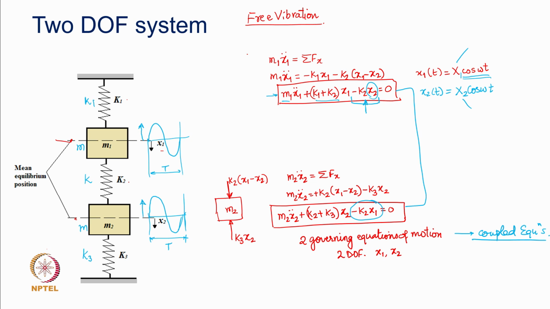And the interesting facet of this motion is that all the elements of the vibratory system will execute a harmonic motion. In this case, we have assumed only two. In general, they could be more of them. So, this motion is called the principal motion.